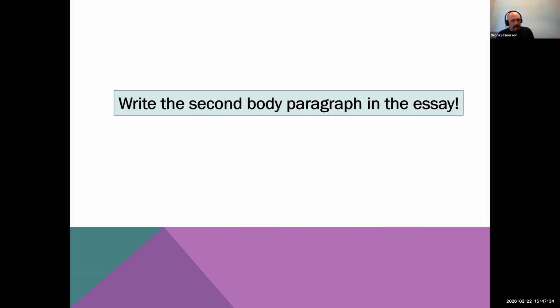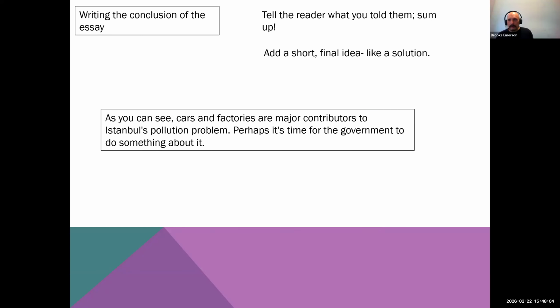I haven't looked at this for a while. I'll see it in the end, but I'm sure that factories cause water pollution and air pollution. I'm pretty sure because of the chimneys that send things into the air, and then of course they screw up all the water.